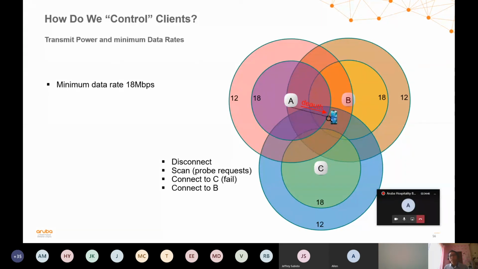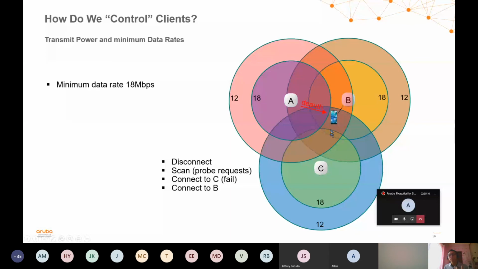The client will end up having to scan and realize that there are two options. One is C, and it may try to connect to C. However, because it is in the 12 Mbps window, it cannot maintain that minimum data rate of 18, so C will not allow the connection.